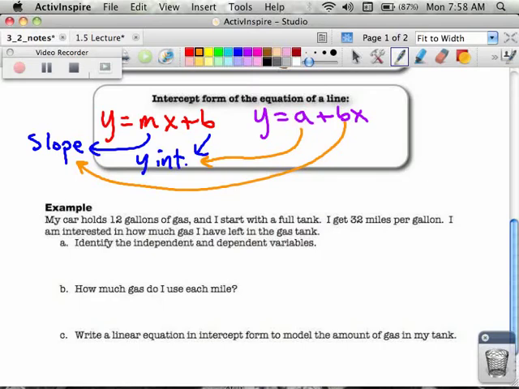So let's talk about the independent and the dependent variable. If you're looking for how much gas, whatever it is that you're looking for, that's the dependent variable. So dependent is what you're looking for.